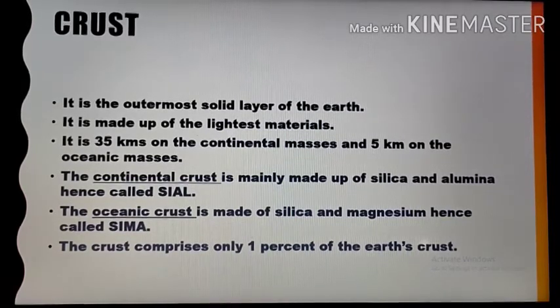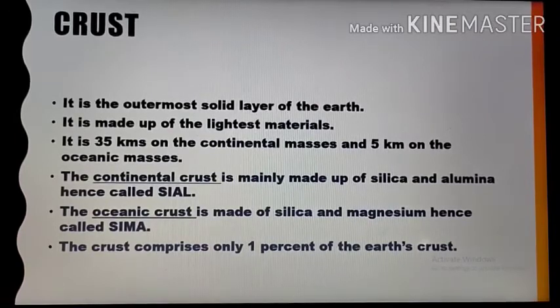It is thus called Sial. Si stands for silica and Al stands for alumina. The oceanic crust mainly consists of silica and magnesium, and therefore it is called Sima. Si stands for silica and Ma stands for magnesium.